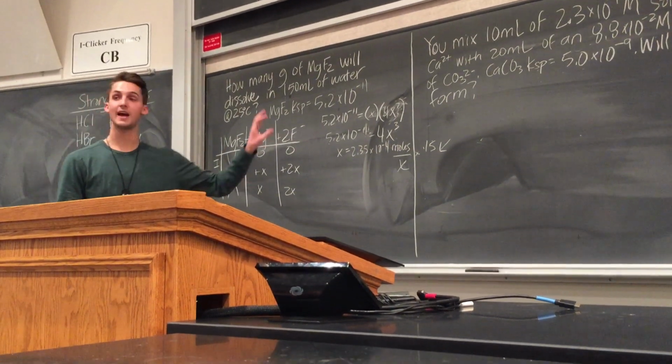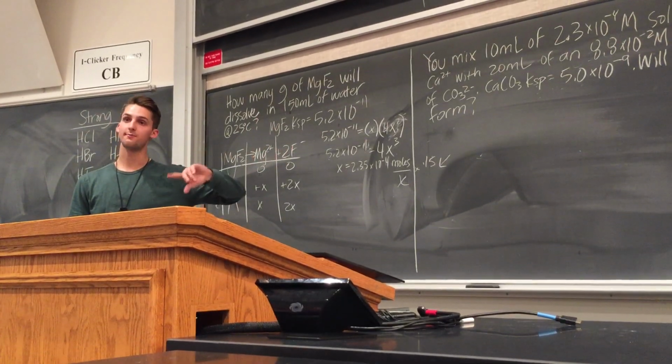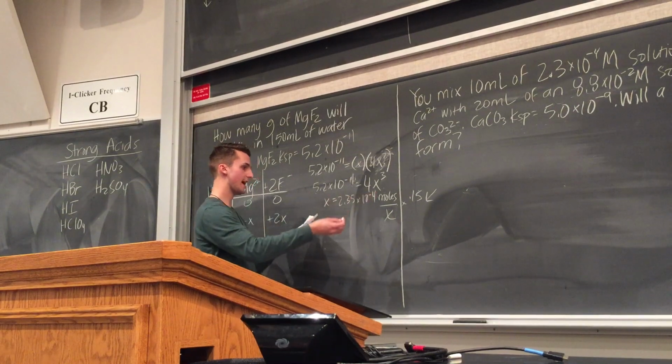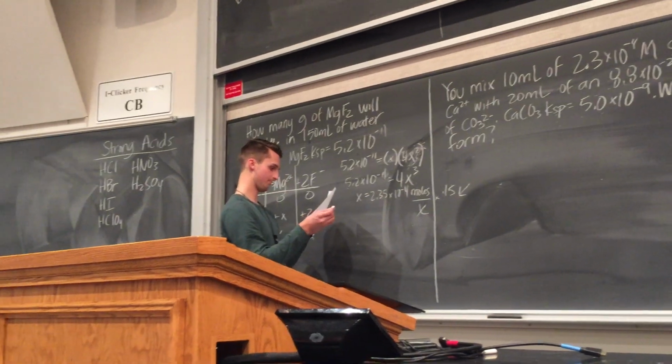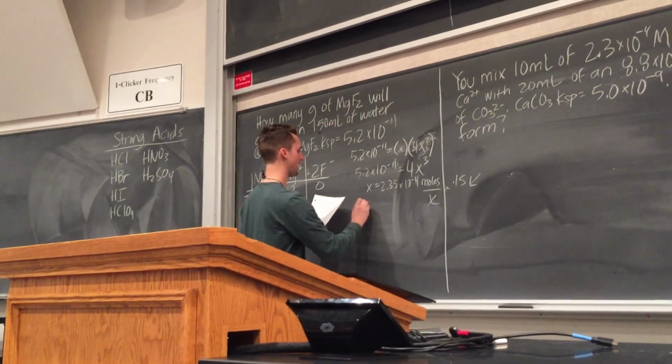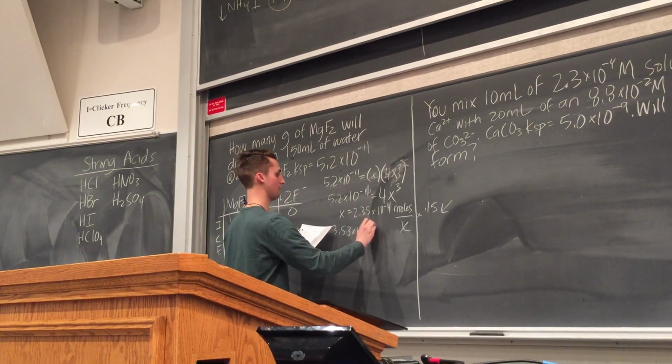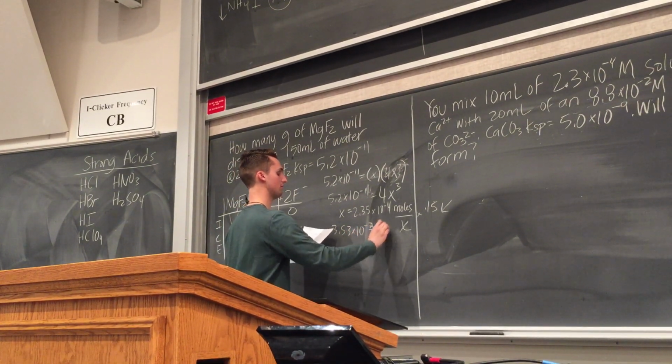Okay? And then once I have moles, then I can find out how many grams are there. Okay? So after you do that, you should get 3.53 times 10 to the negative 3 moles.